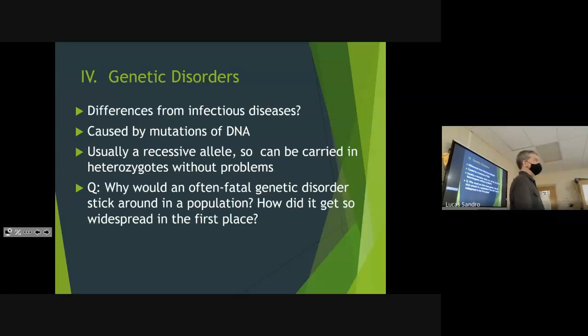That's weeding itself out, right? If the kid can't reproduce, that's the end of that allele. And yet, millions of cases of Tay-Sachs exist. So where did it come from? How did it ever get that kind of foothold in our population? That's the question.